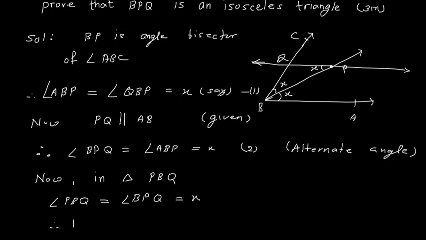Therefore PQ, the opposite side of angle B, is equal to BQ, the opposite side of angle P. Okay, they are opposite sides, or I can say the converse of the isosceles triangle theorem.